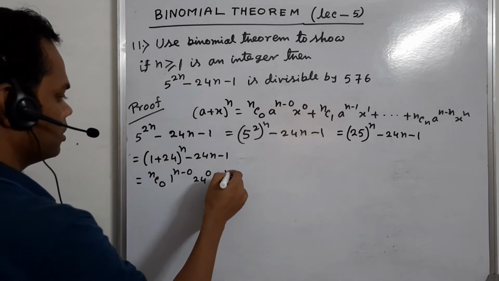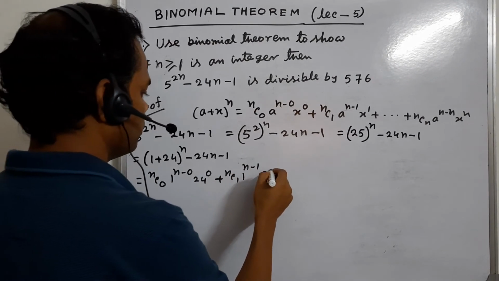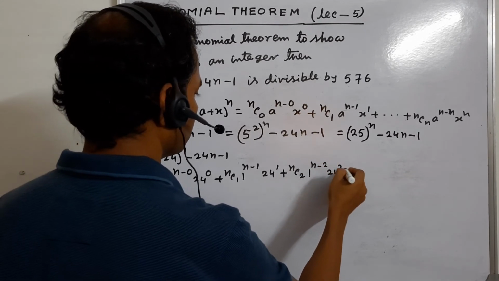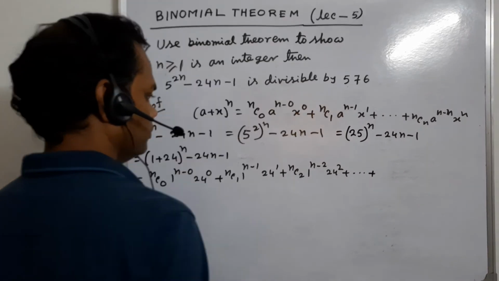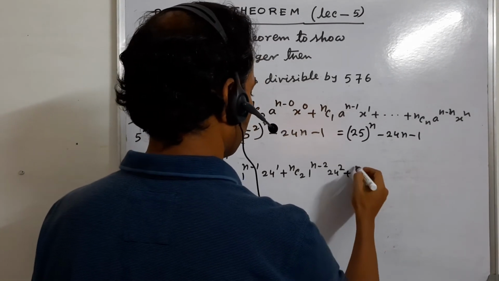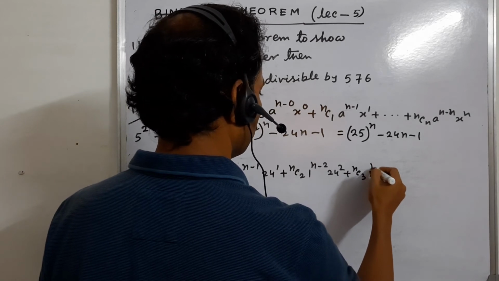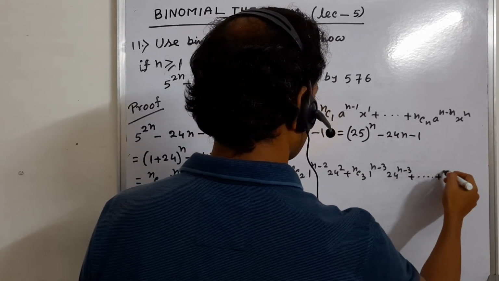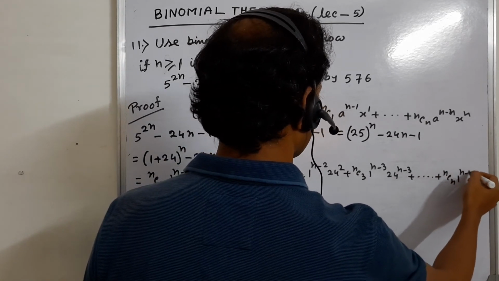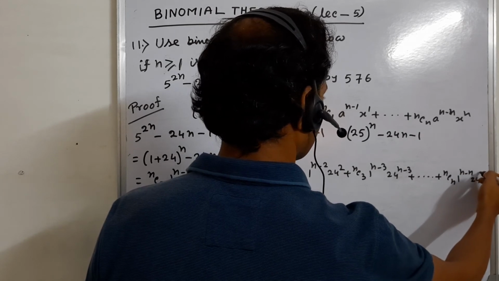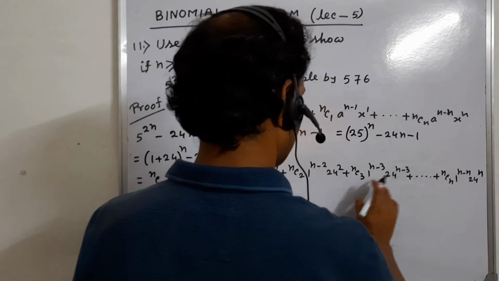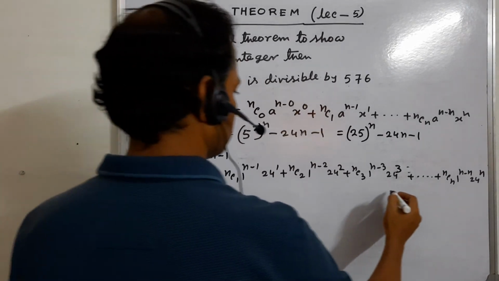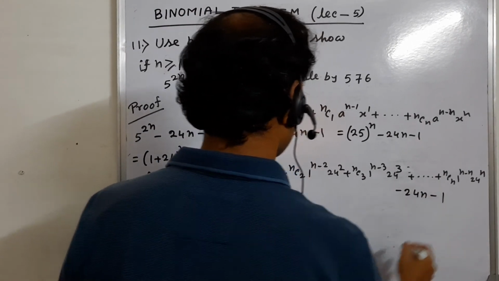to the power 0 plus nC1 1 to the power n minus 1 24 to the power 1 plus nC2 1 to the power n minus 2 24 square plus dot dot nC3 1 to the power n minus 3 24 cube plus dot dot nCn 1 to the power n minus n 24 to the power n, minus 24n minus 1.